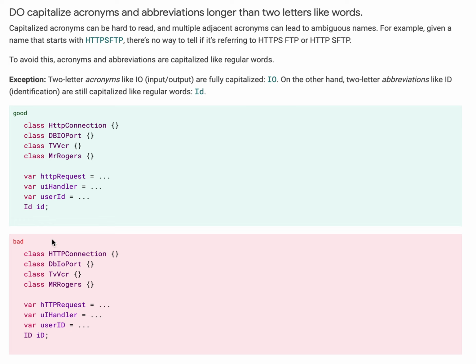So hence we are not capitalizing both I and D, and just I is capitalized here, and same with this small ID. So this is all small, not capitalized. So I hope you understood the intricate differences between how to write, capitalize the acronyms and abbreviations.